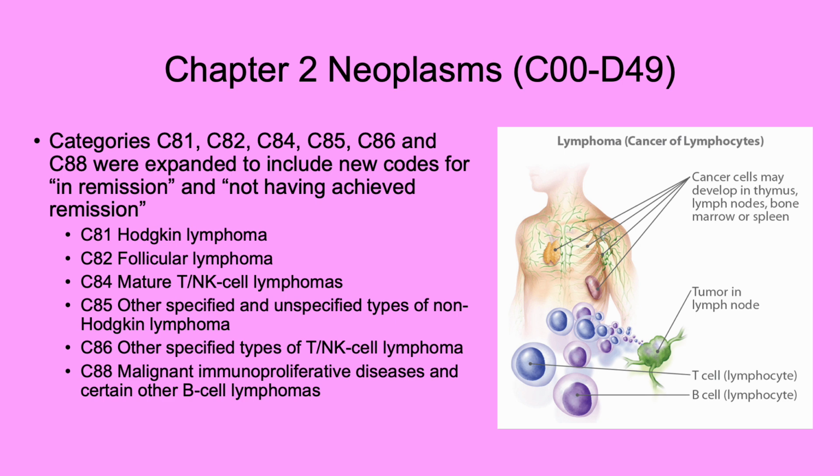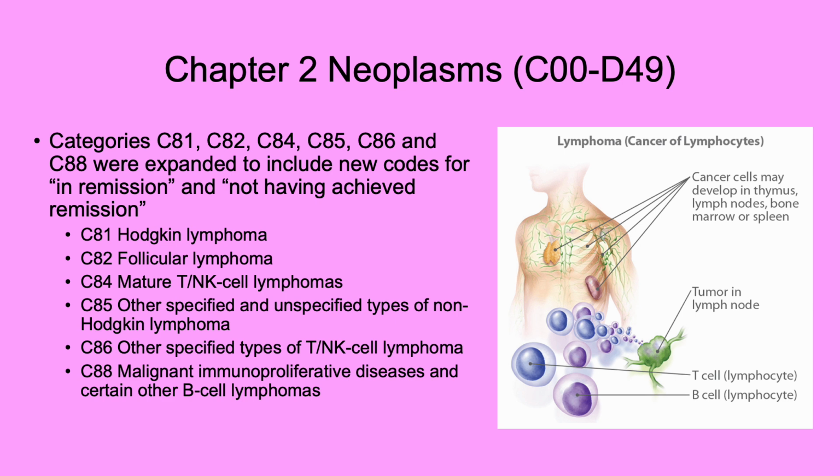So these are codes for Hodgkin lymphoma, follicular lymphoma, mature T and K cell lymphomas, other specified and unspecified, malignant immunoproliferative diseases, and certain other B cell lymphomas. So more specific codes to indicate whether the condition is in remission or not having achieved remission.